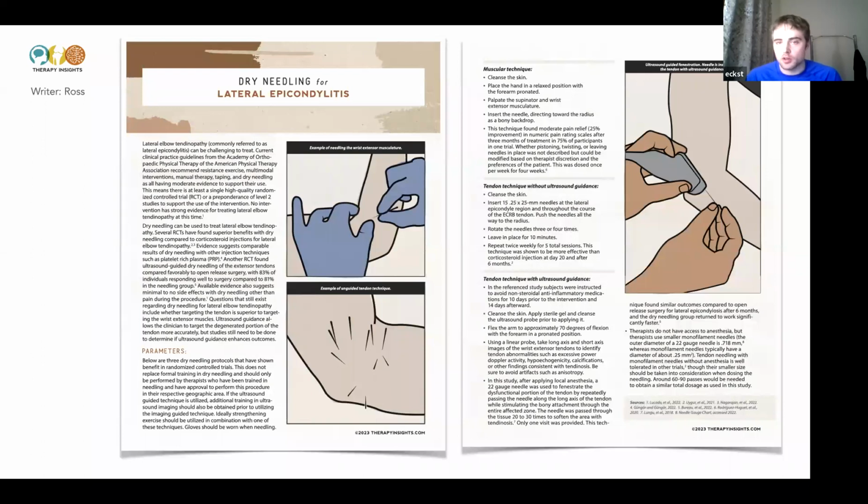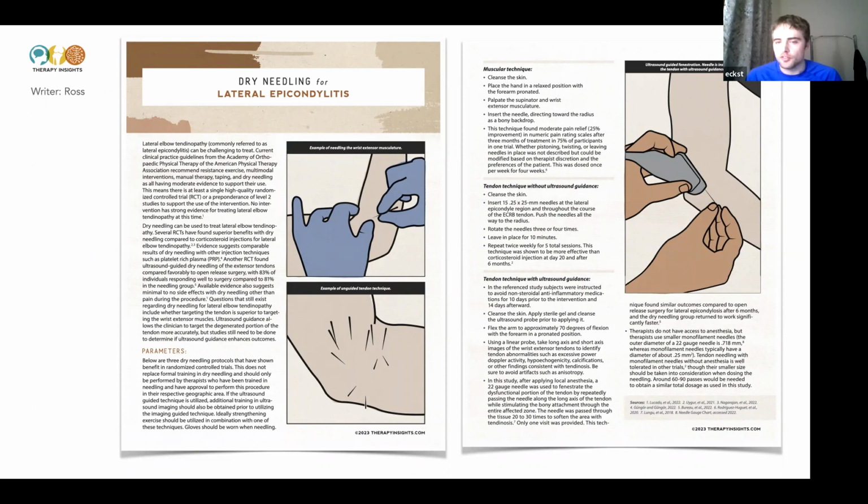I talk about the muscular technique, which was based on a study that was actually discussed last month, where they were comparing it to percutaneous electrolysis. The percutaneous electrolysis worked better, but this still provided moderate pain relief.